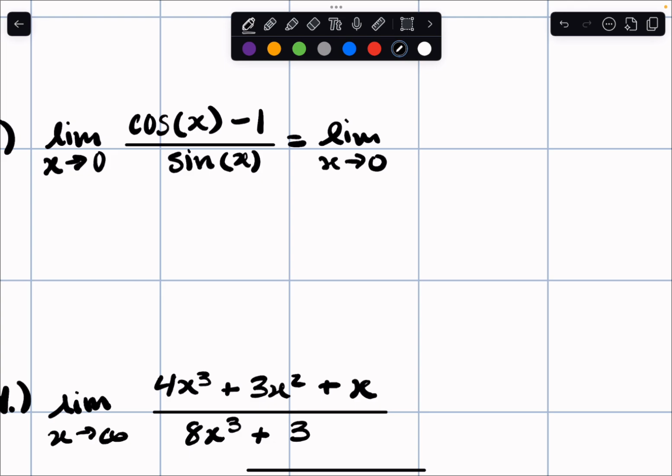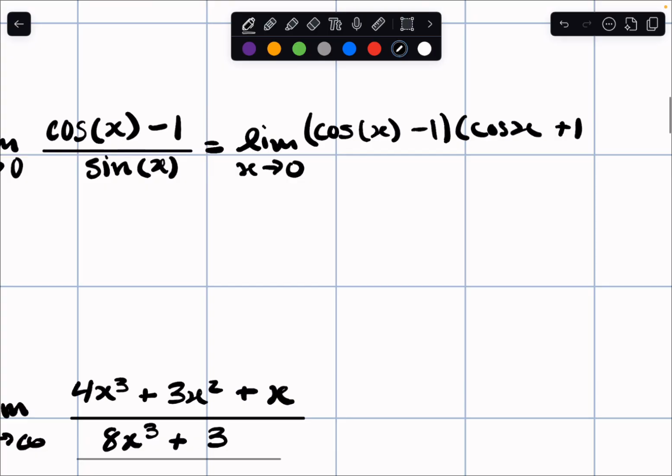So I'm going to do the same thing by multiplying by the conjugate of whatever this is. So I'm going to change the sign in the middle. Right, so I'm multiplying it by plus 1. And I must do the same thing to the bottom.